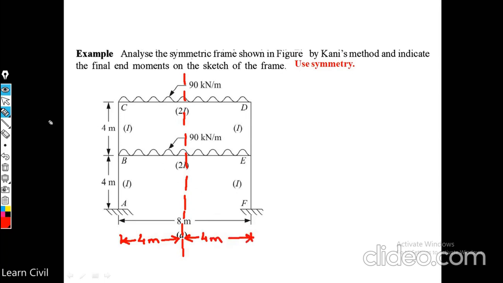Therefore, it is a problem of portal frame without side sway. At the same time, this portal frame is a symmetric portal frame. Therefore, we can take the advantage of this symmetry for solving this problem. So we'll start with the solution.